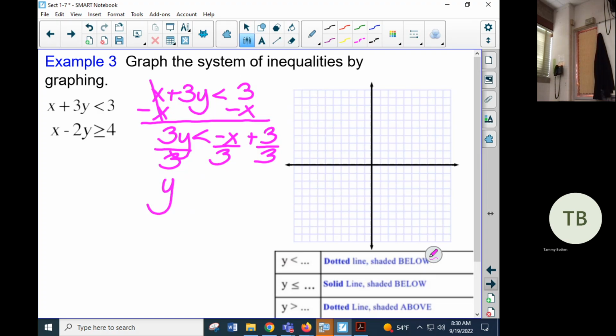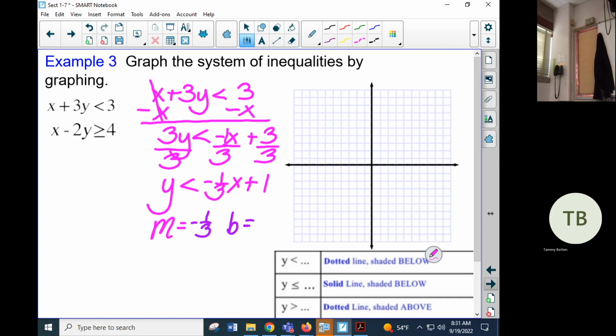This is going to give me y. This is basically negative 1/3 x. There's nothing there, we assume it's a 1. And then plus 3 divided by 3 is 1. Okay. So then what that tells me is that my slope is negative 1/3.